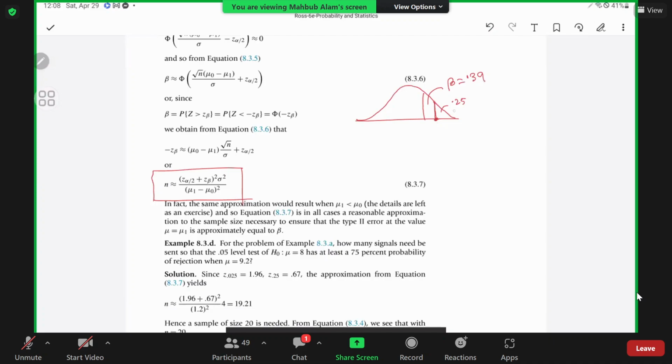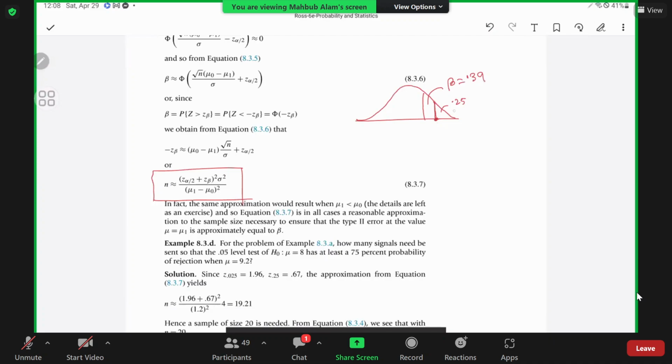They took 0.67. Let's check again. 67 is closer, to me 68 is closer. Okay, we'll take 68, it doesn't matter.